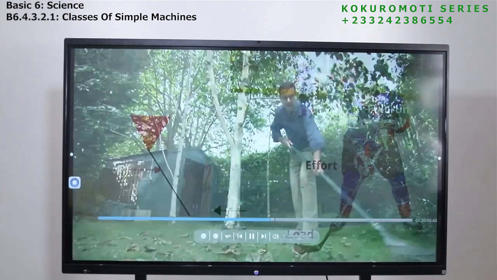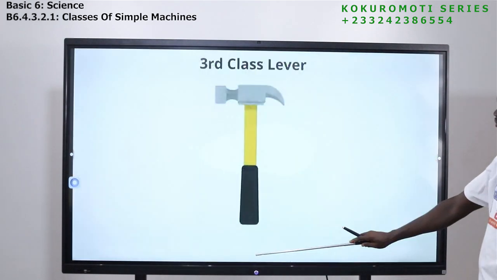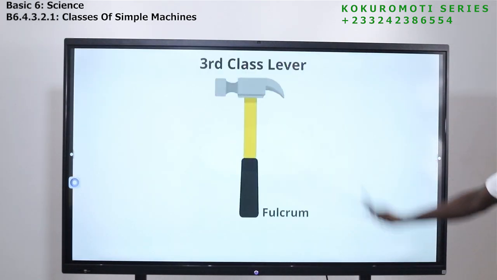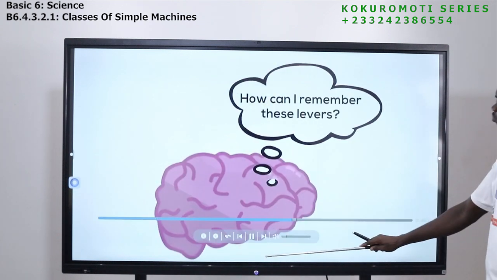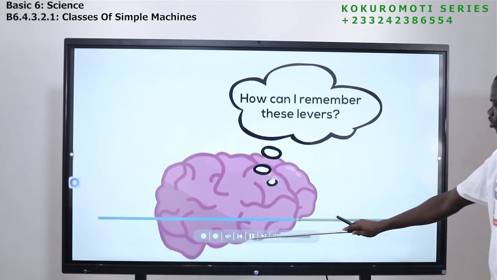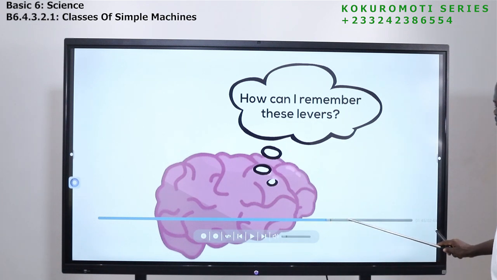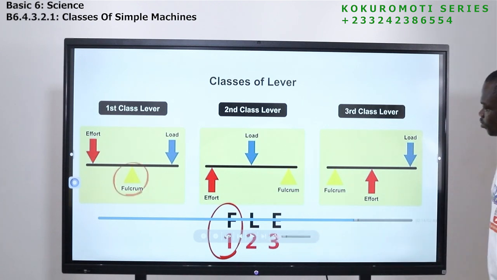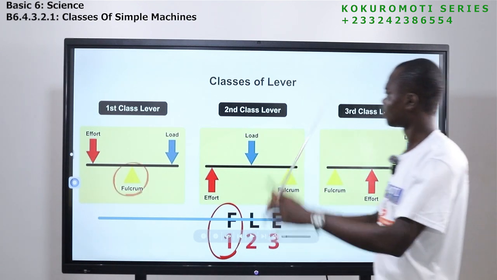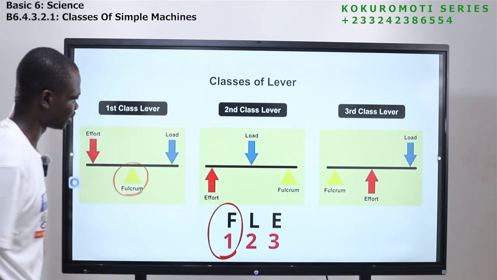Let's continue. So you see the man is sweeping. You see the hammer here, fulcrum, effort, and the load. So this is all that you need to know about classes of lever.